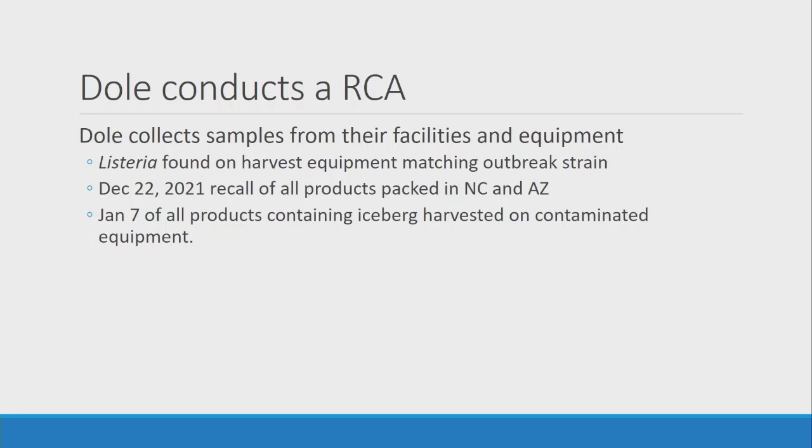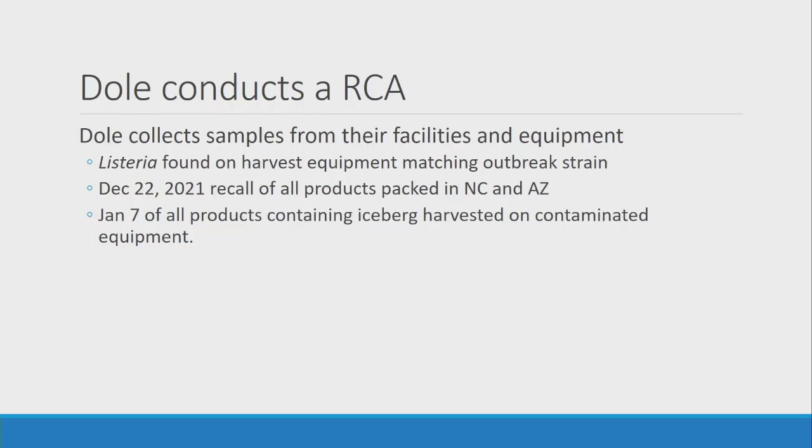And when they tore that piece of harvester equipment apart, they were able to find that outbreak Listeria strain on that harvester piece of equipment. All right, and I say on, but it's really like in the harvester piece of equipment. They really had to get in with their swabbing to do that. And then they went ahead and recalled all of the products that had been run on that contaminated piece of equipment.